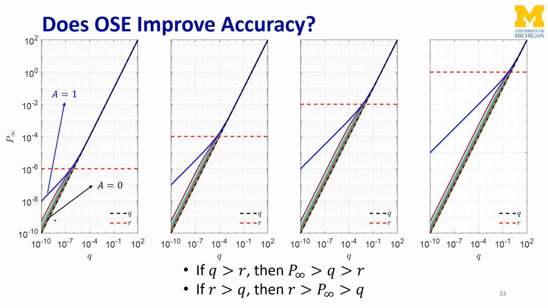Now, what is interesting to see here? In this region, let me draw this region, let me make the line here. This is the region where R is greater than Q. So this is R and this is Q. Q is like 10 to the minus 10, R is 10 to the minus 6. So in this region, your P infinity, which is the state error covariance, is actually smaller than the sensor noise.